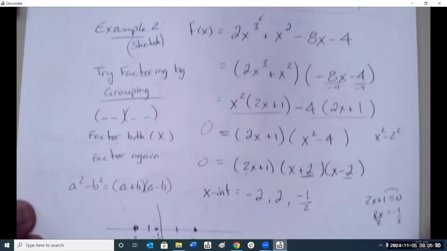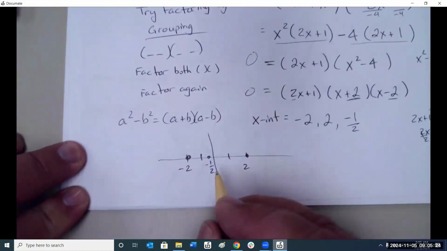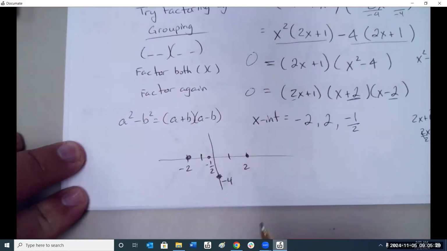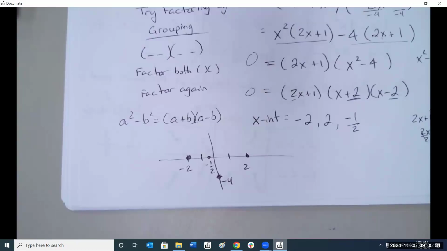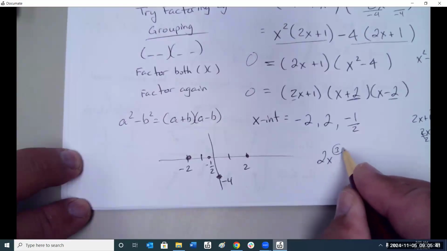Do I know any other points? Very good, very good. My y-intercept is at -4. What about the end behavior? Right, so it's an odd function.